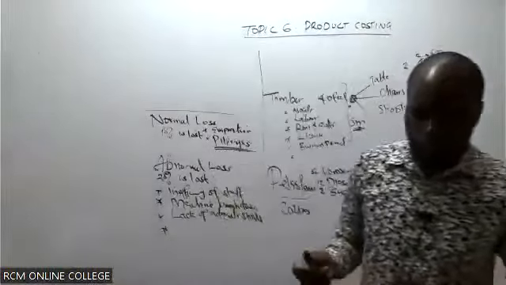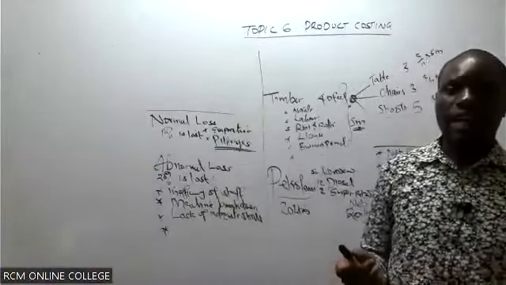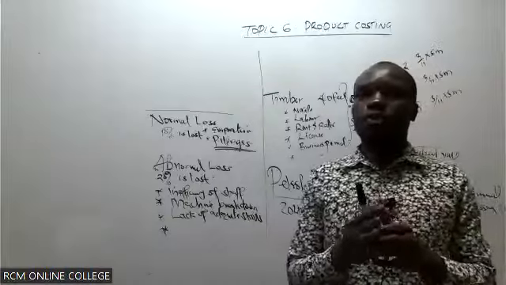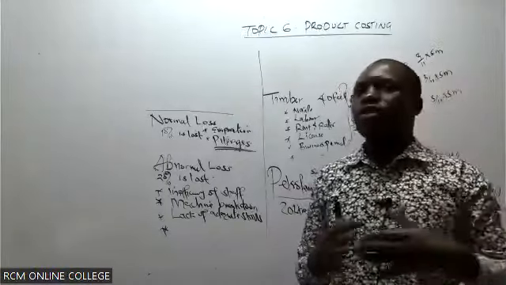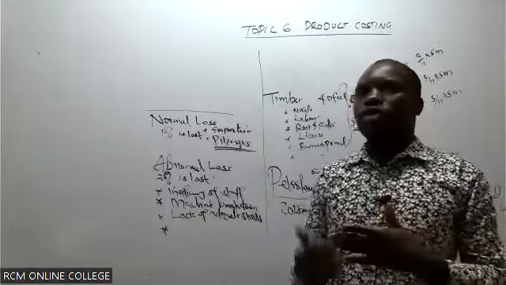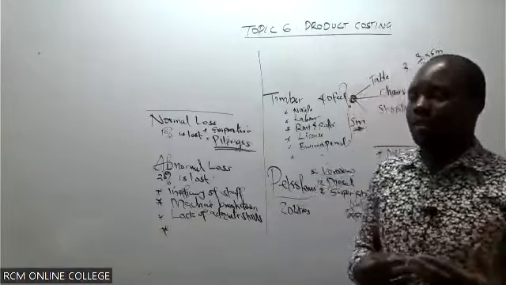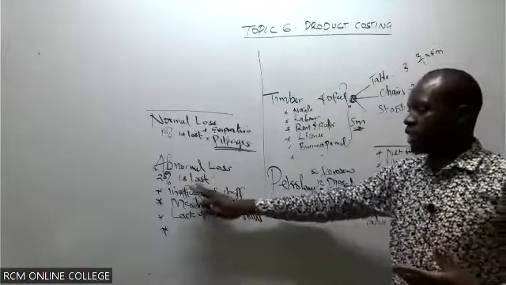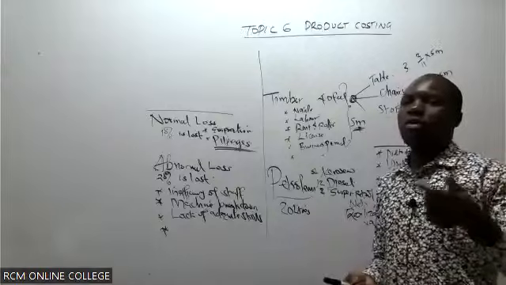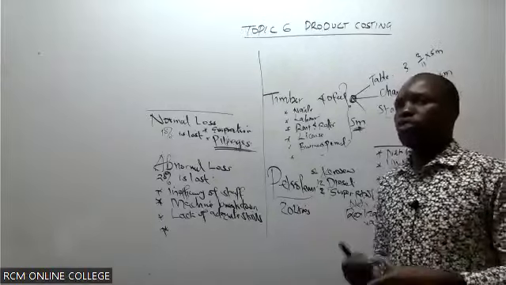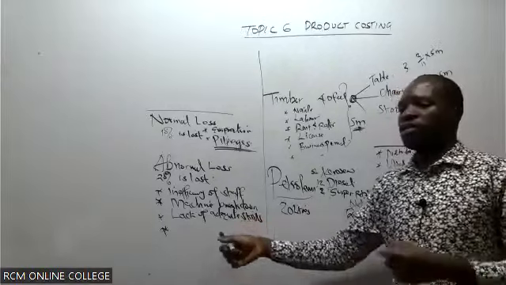The rate at which an expert is going to deal with a given task is different from the rate at which an intern who is interacting with that job for the first time is going to do the same job. They're going to do it at a slower pace. And if they're going to be in the manufacturing department, the rate at which they're going to do their production maybe will affect the quantity to be used in the production of the same product.